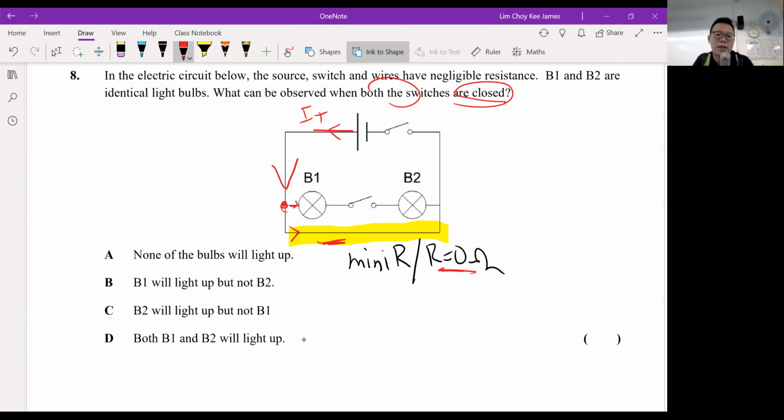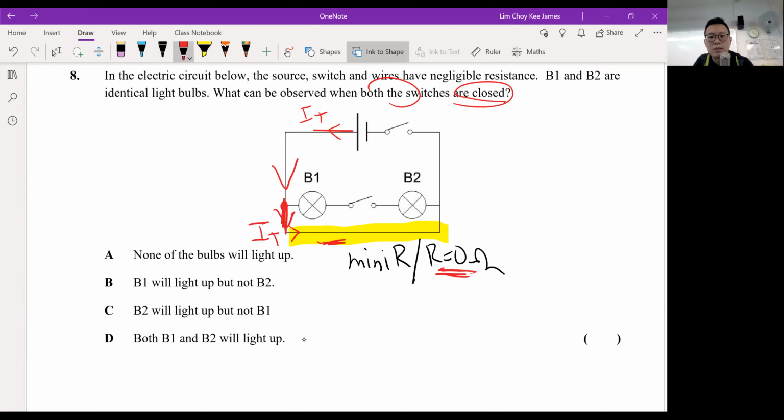I would say it's the best path in the world. Because it's the best path, all your current, all your electrons, will divert to the path here. It will actually flow here because it's the most comfortable path for all the current.